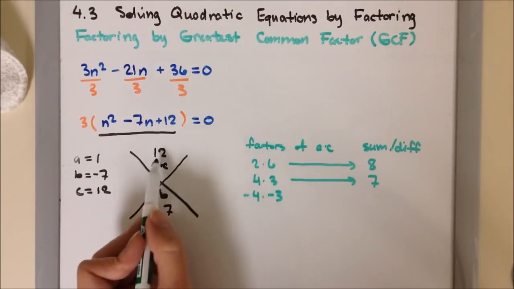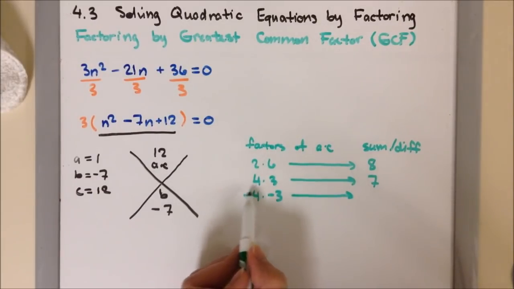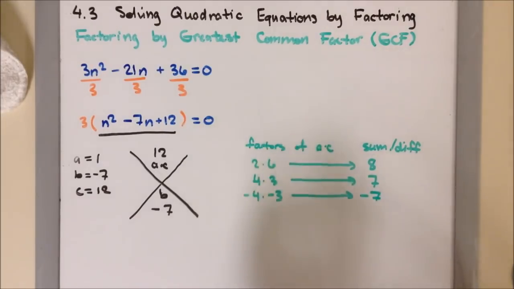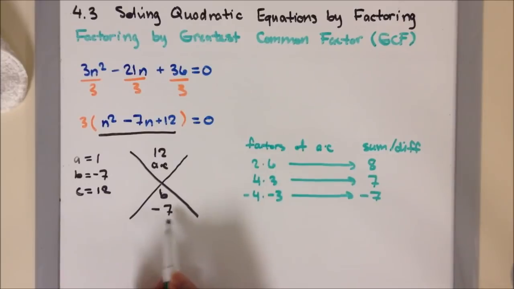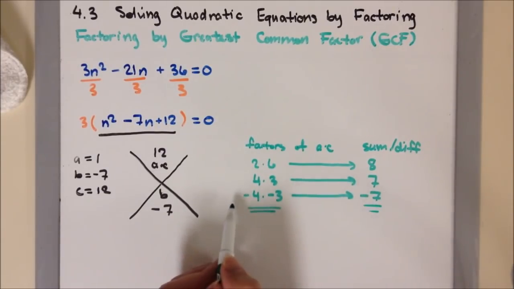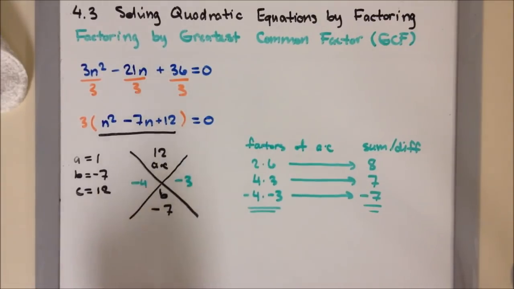Two negatives will multiply and become positive. And then when I do the sum of negative 4 and negative 3, it will become negative 7. So these two match the B value, therefore these two factors are correct: negative 4 and negative 3.